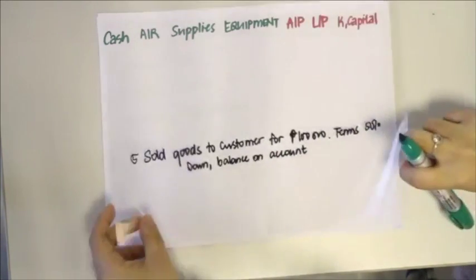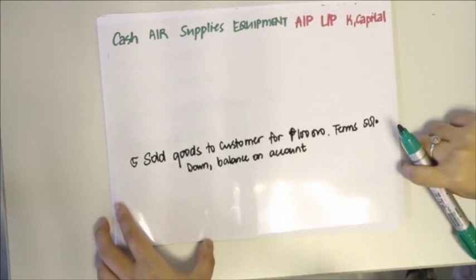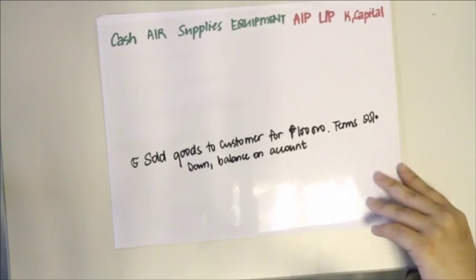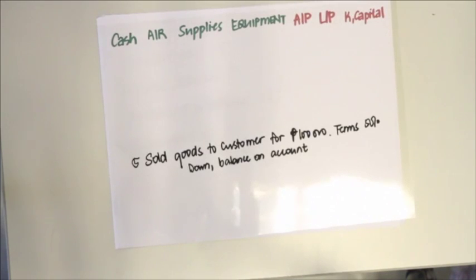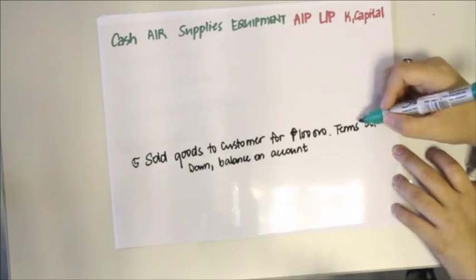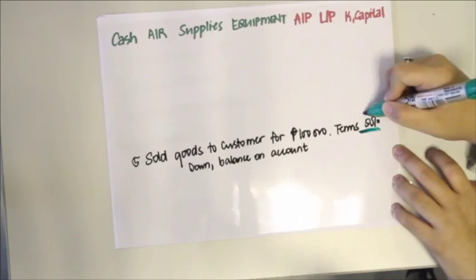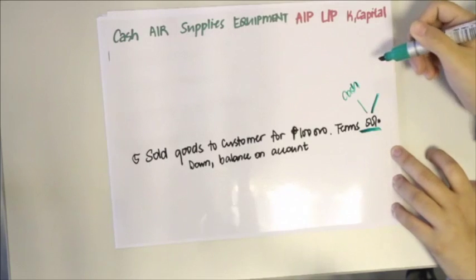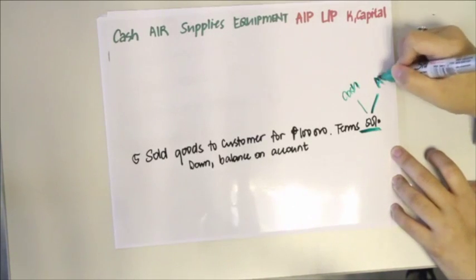Here's another example wherein there was a sale of goods to your customer. So the sale amounted to 100,000, 50% down payment, and 50% on account. So this means that 50% affected your cash, while the remaining 50% affected your accounts receivable.